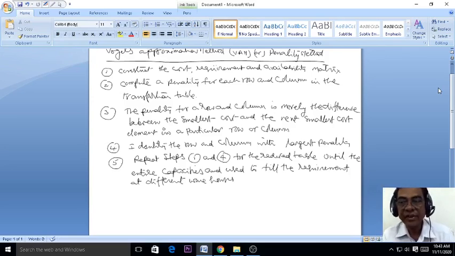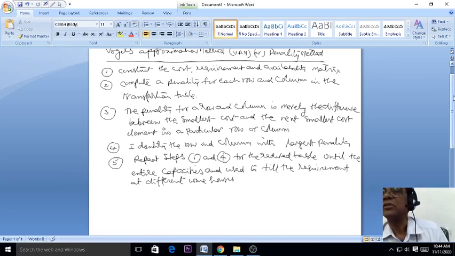Penalty means the difference between two numbers: select the smallest number and the next smallest number, and calculate the difference between these two numbers. That is the third step. Identify the row and column with the largest penalty. I will explain the meaning of the fourth step at the time of solving the problem. Repeat steps 1 to 4 for the reduced table. It means apply the condition, and automatically the problem will be reduced.